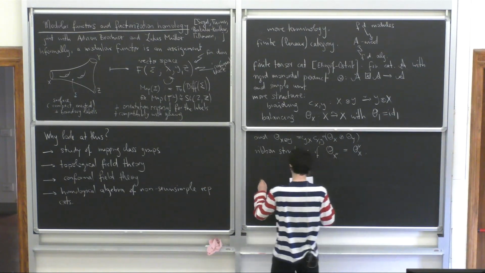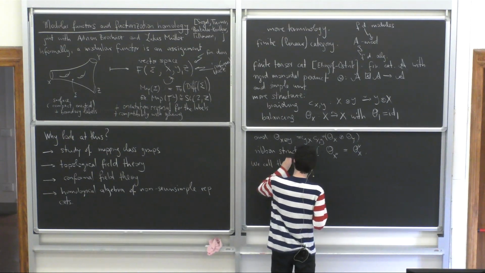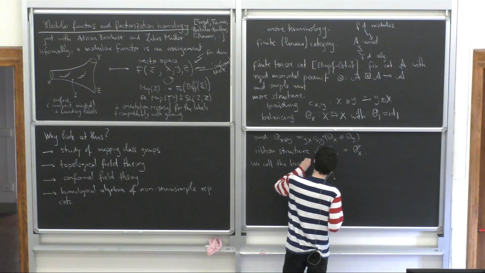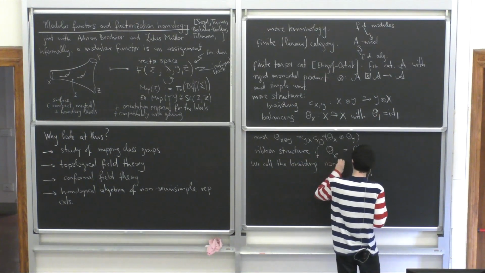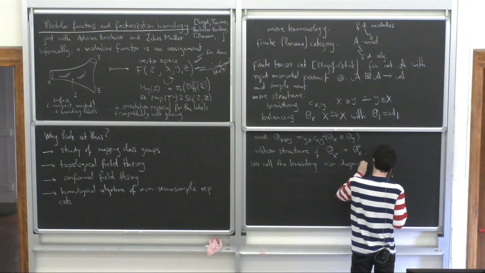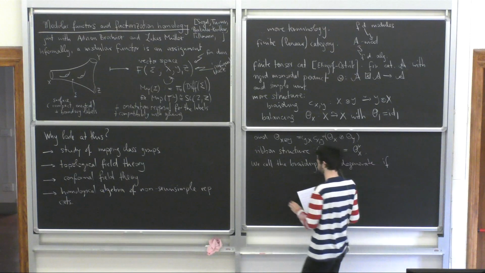And finally, we call the braiding non-degenerate if we have the following.